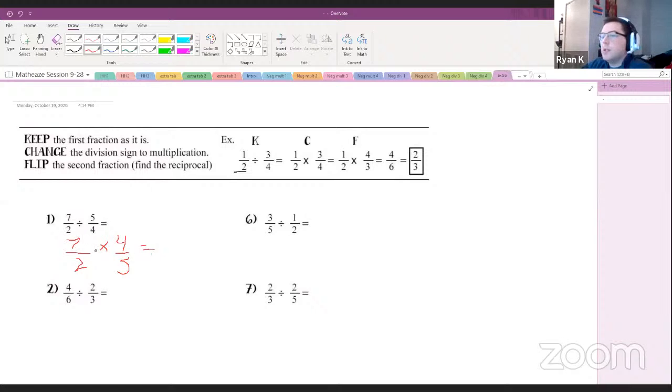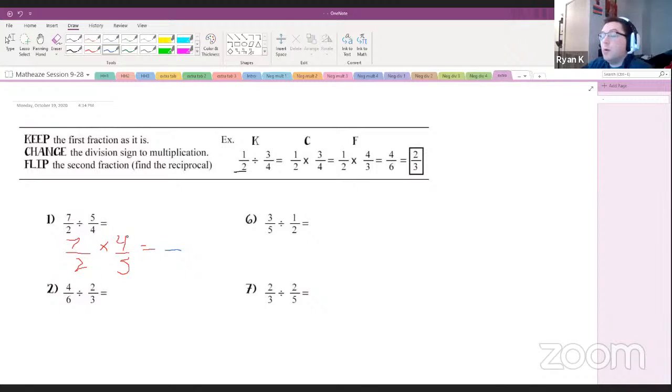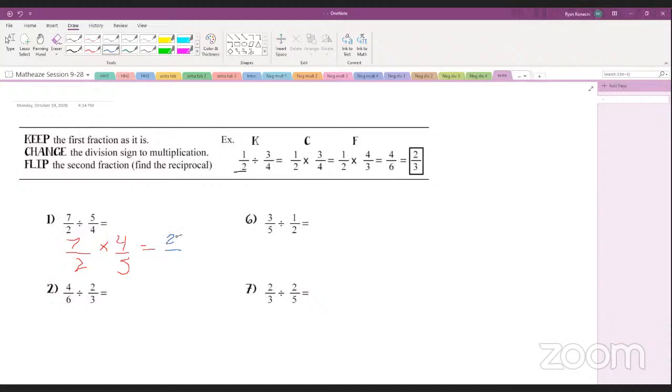The top portion is 7 times 4. That would get us 21/10. So 7 times 4? I think you're a little off. 7 times 3, yep, there we go. 7 times 3 is 21, so we have 28.